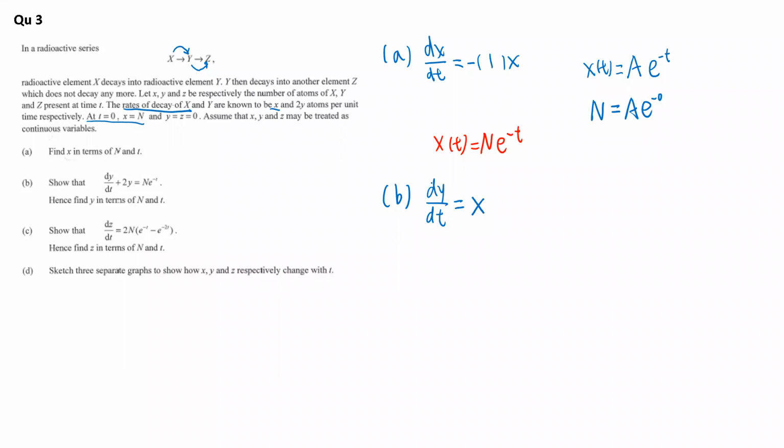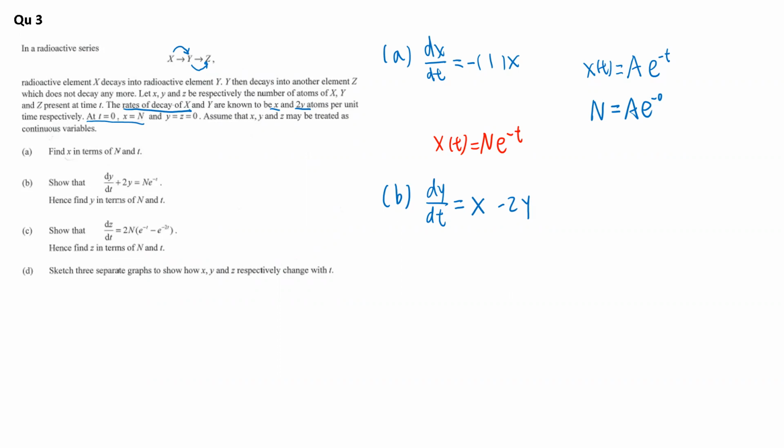The decay rate for this y is 2y, so that's why I have this minus 2y. The x term is there because x is decaying, and minus 2y is because y itself is decaying. So that's the differential equation that we have.